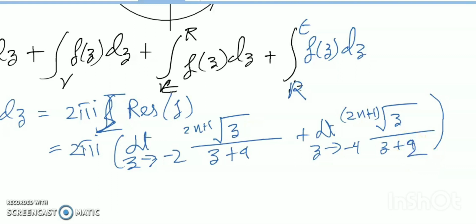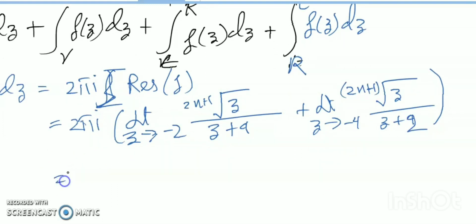So now we get this value is 2 pi I e to the power I pi divided by 2n plus 1, and just putting the value, because all are minus.